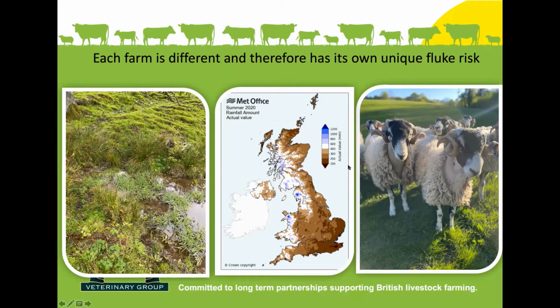So then finally, if we've got the environment, we've got the climatic conditions for the life cycle to be complete, do we have the stock grazing the areas to then pick these encysted cercariae off the pasture and ingest them and cause disease? So if we're grazing dry land that doesn't have fluke habitat, then those animals are probably not at risk.